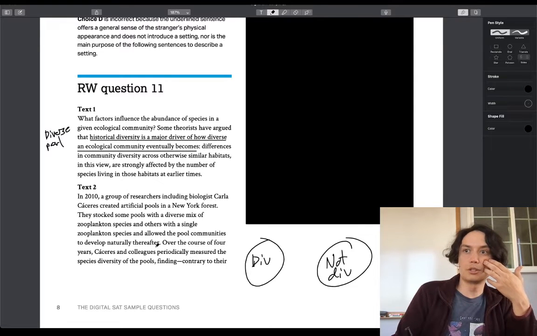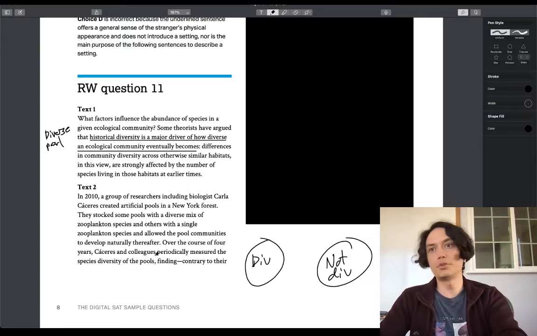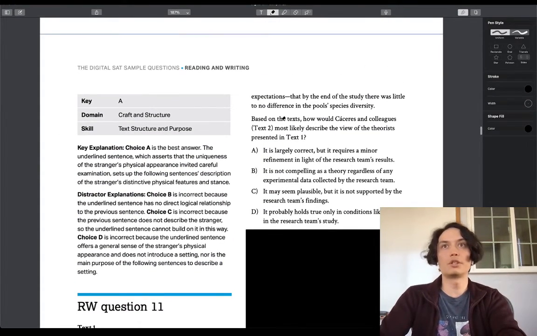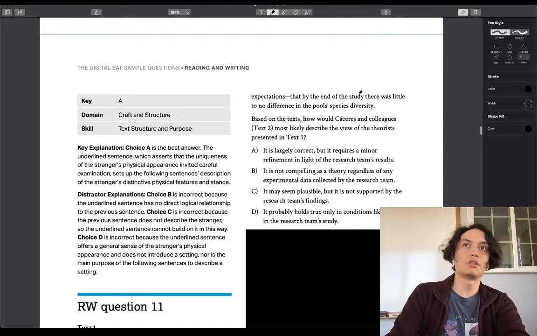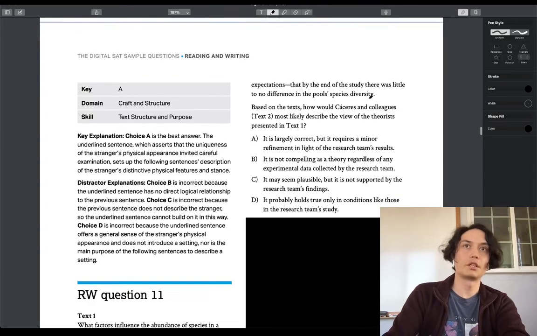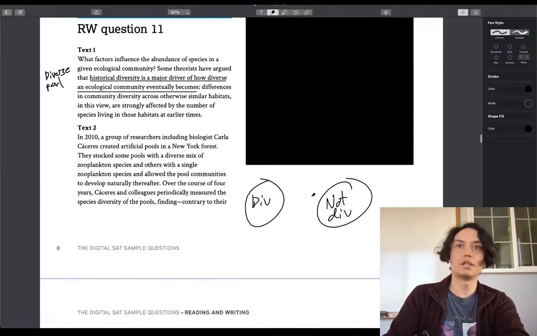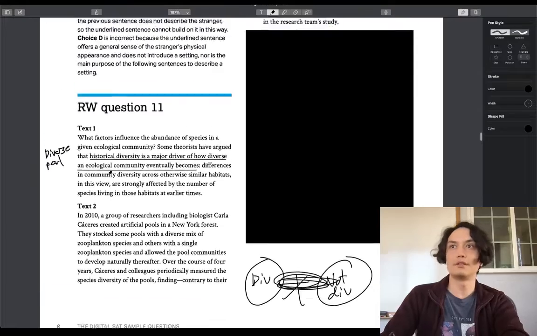Over the course of 4 years, they periodically measured the species diversity of the pools, finding, contrary to their expectations, that by the end of the study, there was little to no difference in the pools. Okay, little to no difference in the pools' species diversity. So, like, oh no, no, no, this didn't have an effect.